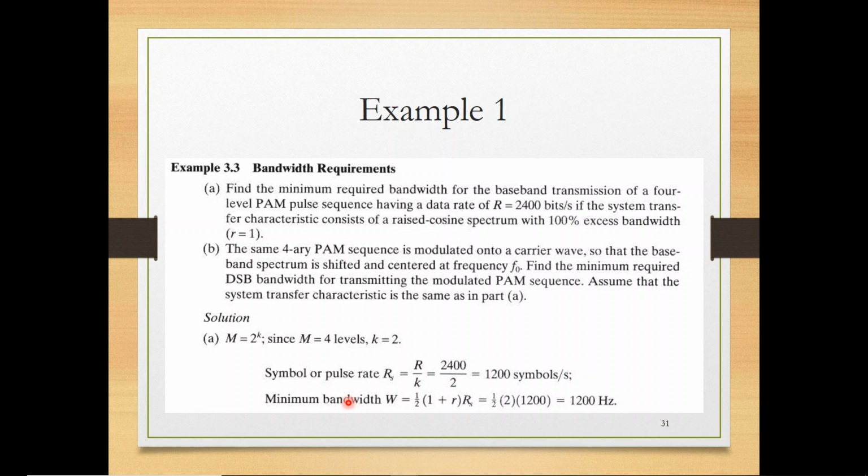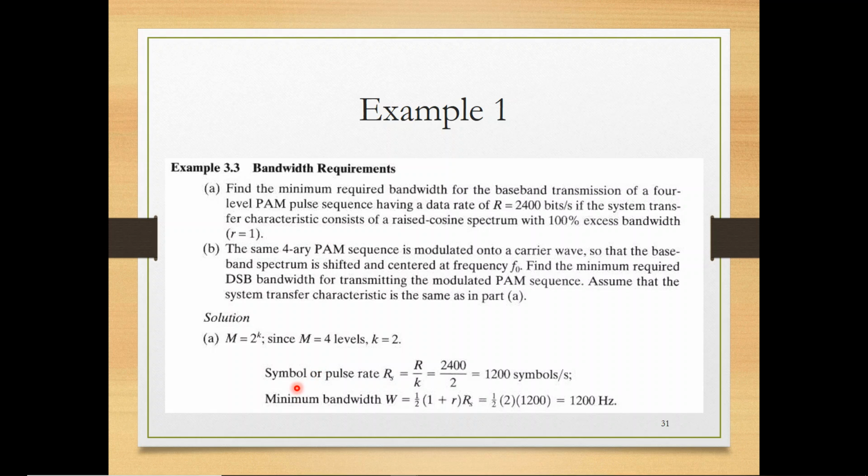The minimum bandwidth BT is equal to RS. The bandwidth of your signal in baseband is equal to the symbol rate RS over 2. This is in baseband. In passband, after you modulate over a carrier, it becomes RS, there is no over 2.